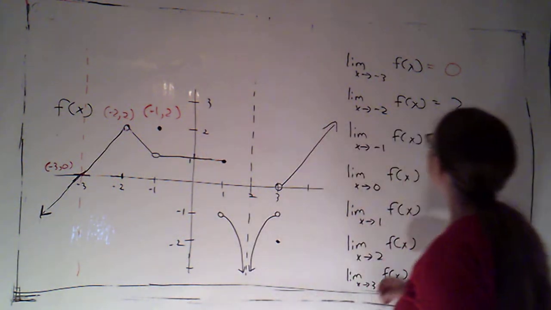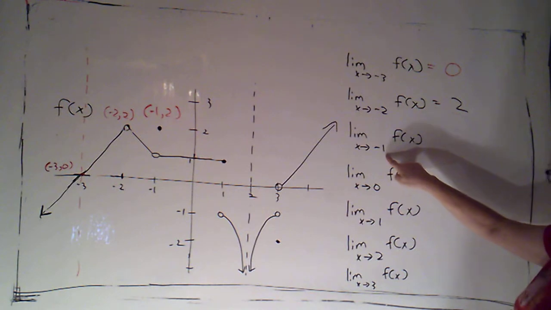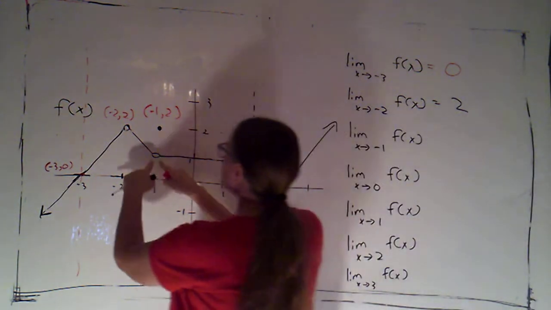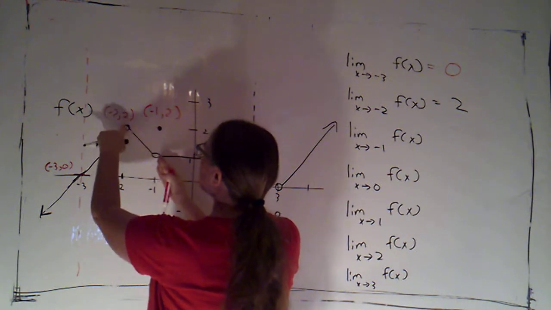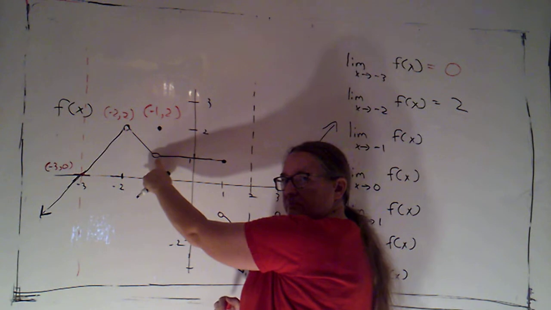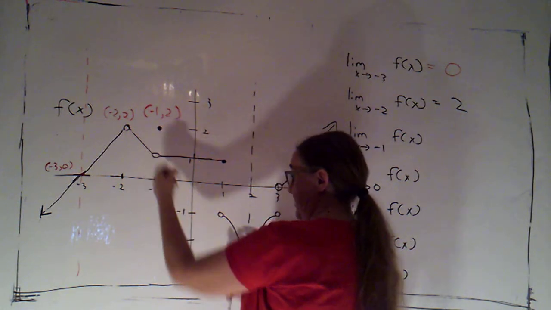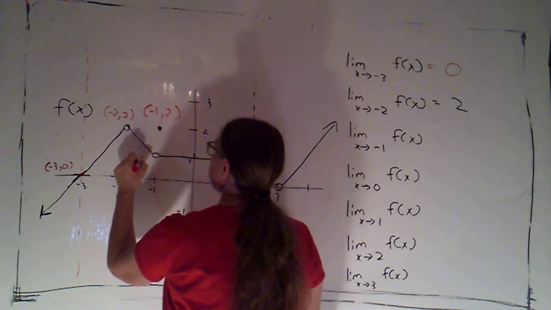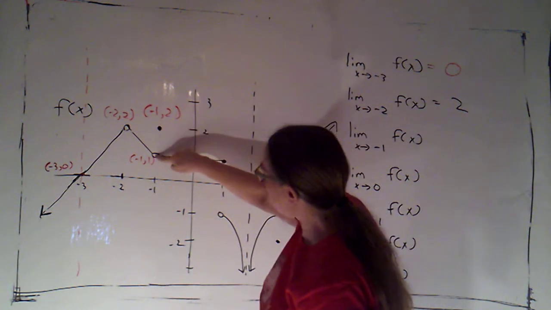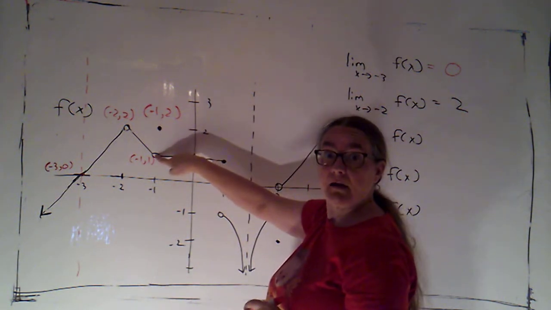All right. Let's take a look at the limit as we approach -1. Approaching -1, coming in from the left, I expect there to be a point there. There isn't, but I expect there to be a point at -1, 1. Coming in from the right, I expect the same thing.